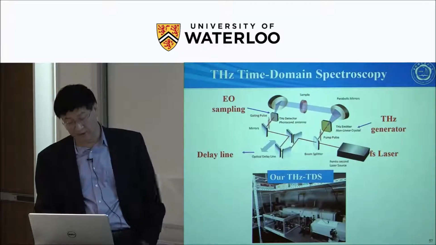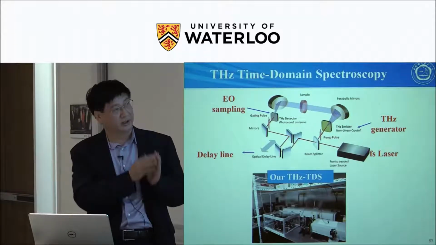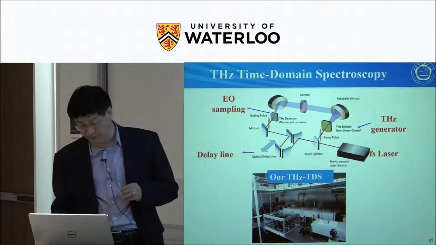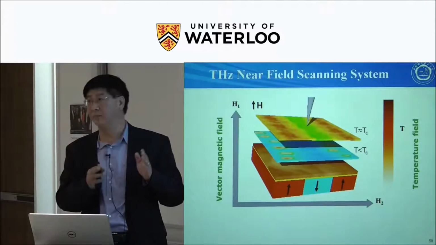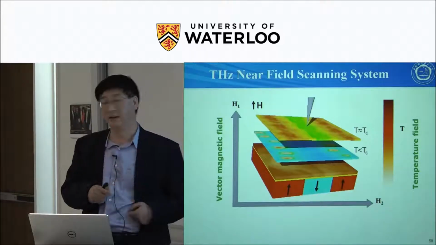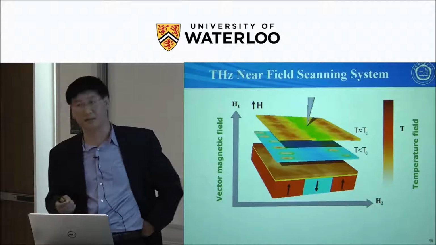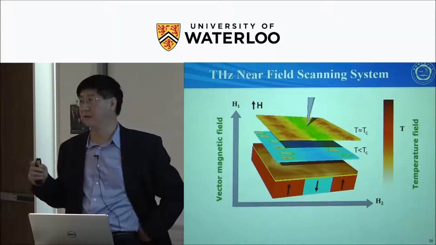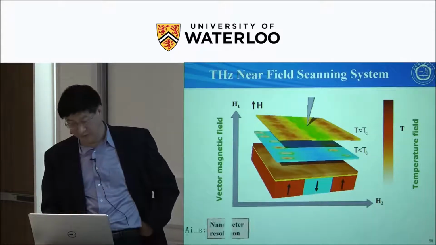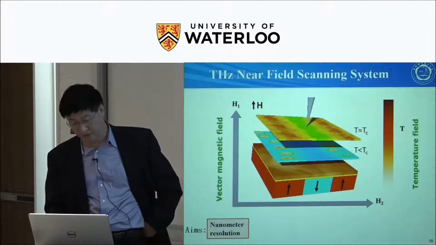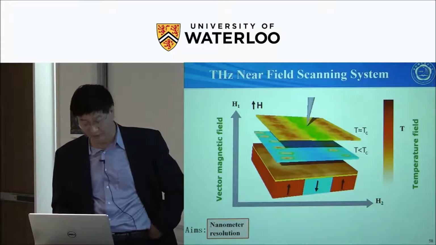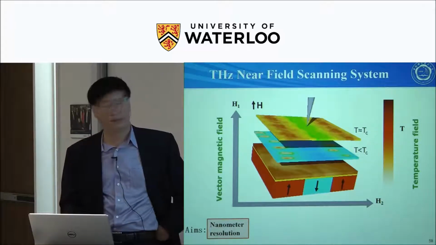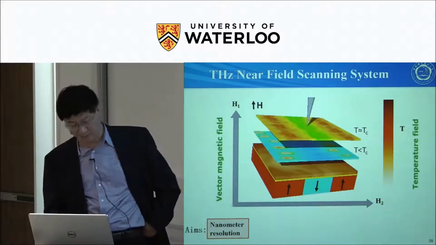So what we're really doing is we're going to build one system. First, we're going to add the magnetic field, okay? We have a vector magnetic field, like 5 to 9 T, on this system. Then we're going to reduce the temperature to, how many, 1 K or 2 K or something, I forgot.